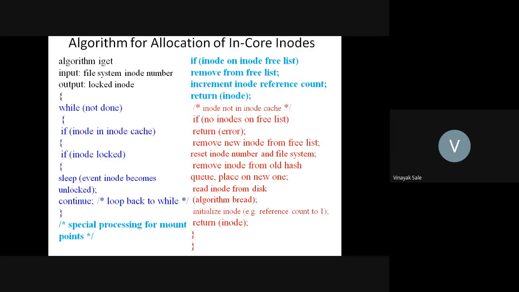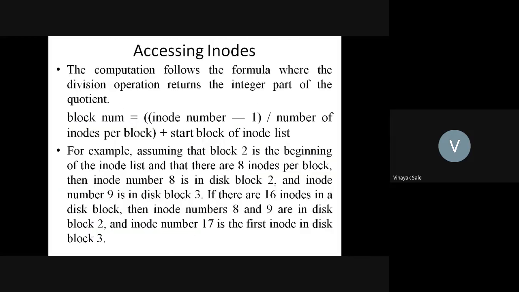Then how to access inodes? With a particular formula we can access an inode. This is the formula: block number is equal to (inode number minus 1) divided by number of inodes per block, plus start block of inode list.